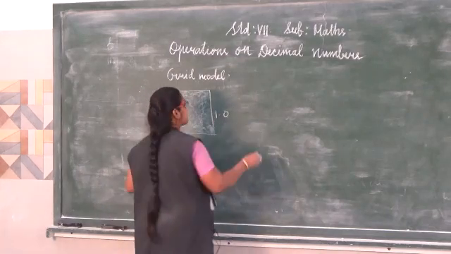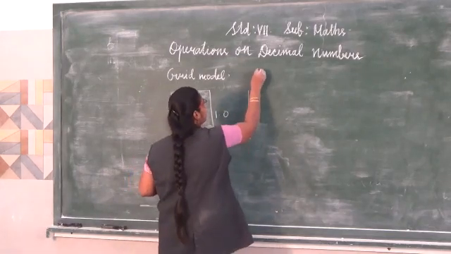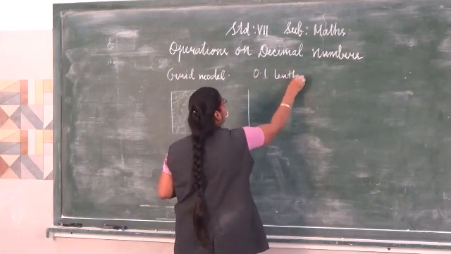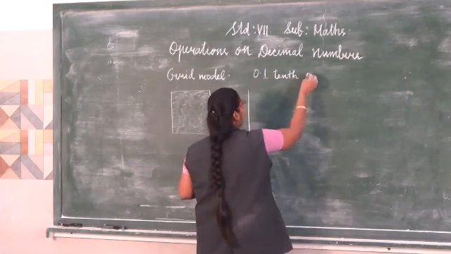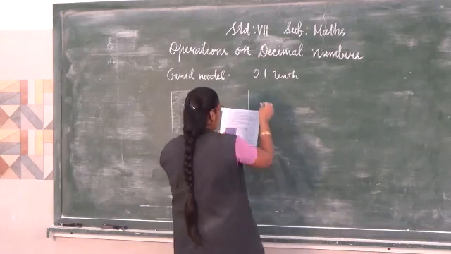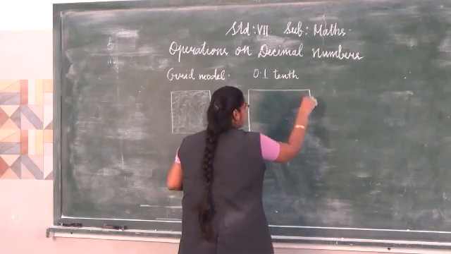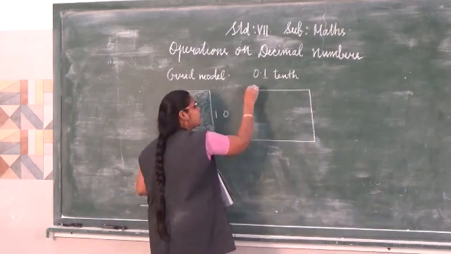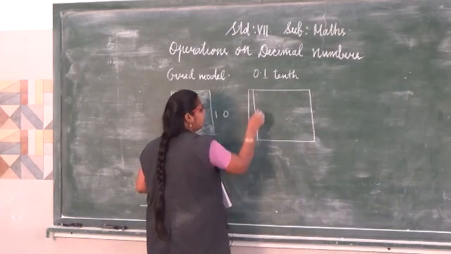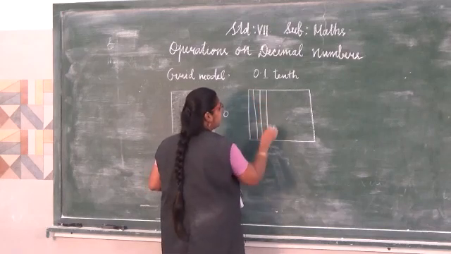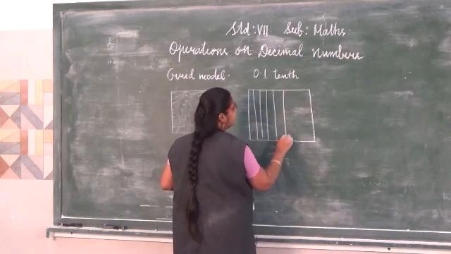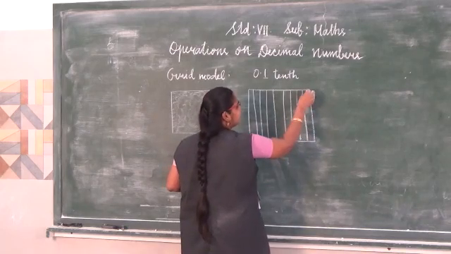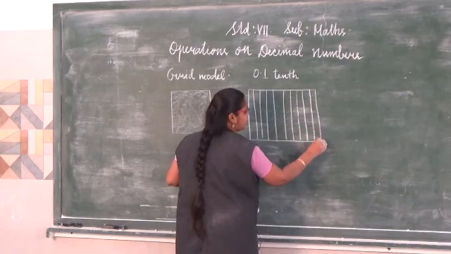For the next one, 0.1. 0.1 is in the tenths place. For the grid, we will be dividing into columns. So, 10 columns will be there: 1, 2, 3, 4, 5, 6, 7, 8, 9, and then one more, 10.